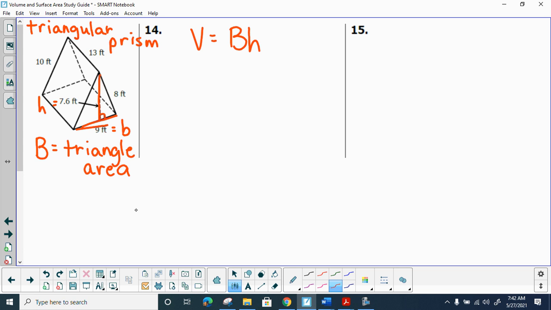Okay, so we're just thinking about the triangle now, not the volume, right? So we're just doing the area of this triangle, which is 1/2 its base times its height. So 1/2 of 9 feet times a height of 7.6 feet.